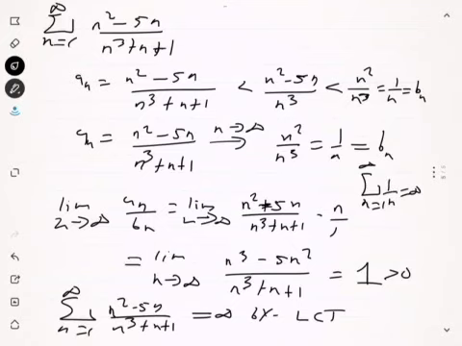So the limit comparison test says that if the series corresponding to bn diverges, then the series corresponding to an diverges as well. Okay, this is the comparison tests. Thank you very much.